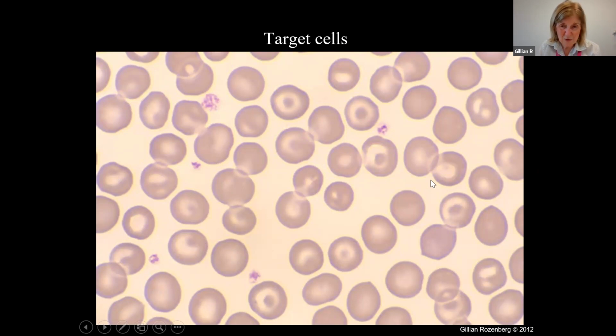Now, this is a really good slide, but if you had a slide like this where you had a semicircle of this hypochromic area, that can be produced by absorption of moisture from the atmosphere onto the red cell. So you need to be very careful, dry your slides immediately once you spread the blood film, and your target should have this 360-degree area of hyperchromia.